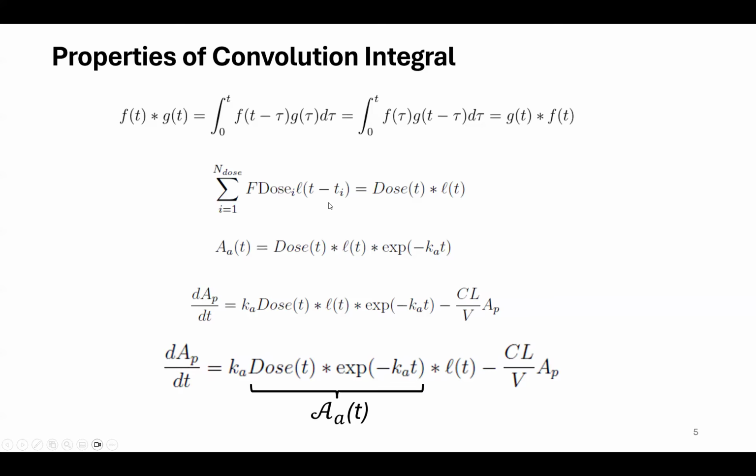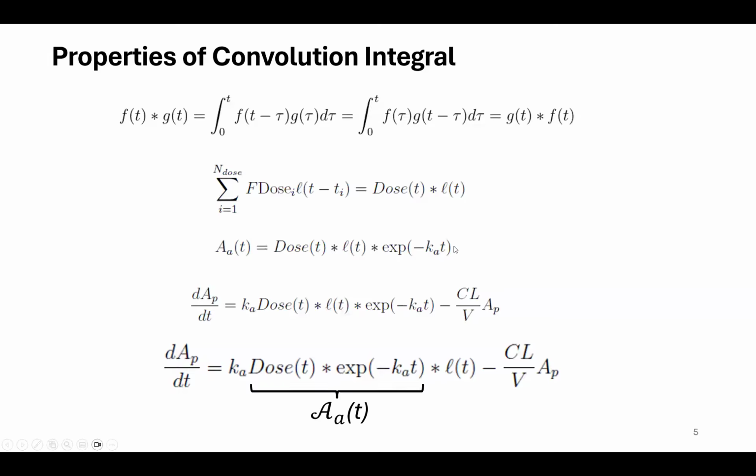Therefore, you can have this input that I have in my ODE models with those delay probability density functions written as convolutions of those dosing rates in terms of the boluses with the probability density functions, the convolution integral.